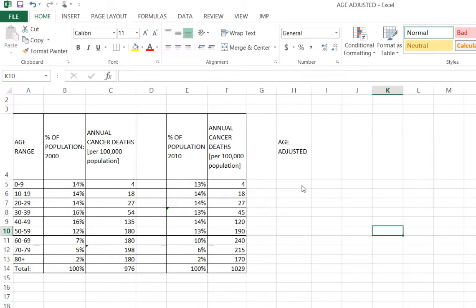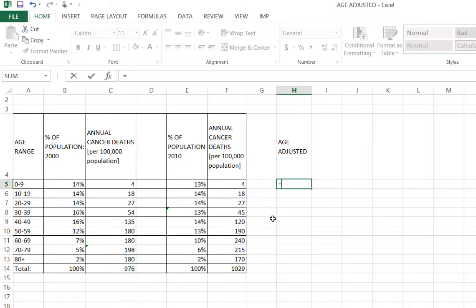And so to age adjust it, basically what we're going to do is take the cancer death rates from the modern time, let's say 2010, and multiply that by the percentage that that age group was of the population in 2000, so 14%, and then divide that by the percentage of the population that that age group makes up in our later time point, 2010, so 13%.